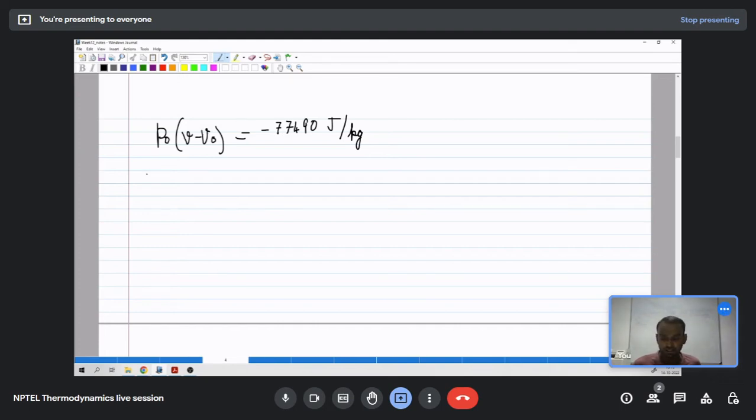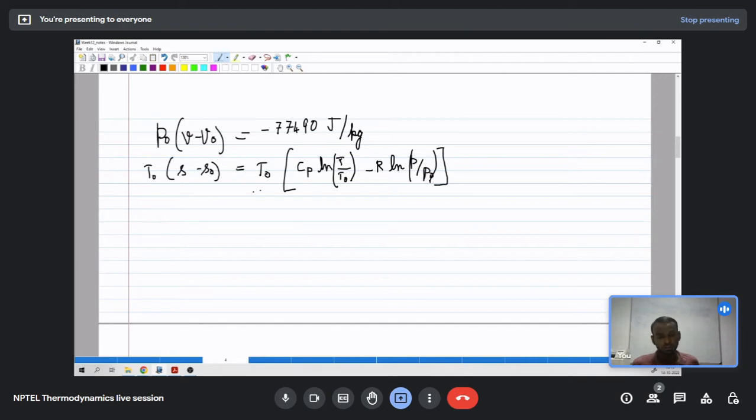Similarly we had T naught into S minus S naught. S minus S naught is generally given by the expression Cp ln T by T naught minus R ln of P by P naught. Here the first term becomes 0, since T by T naught is the same.